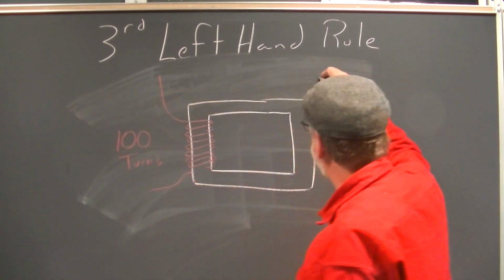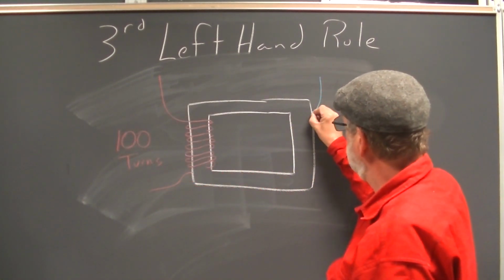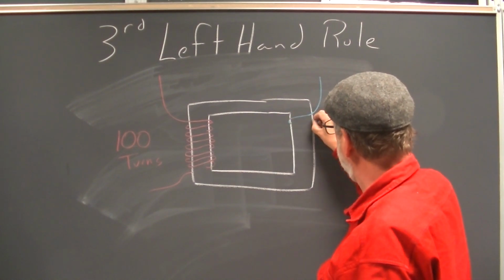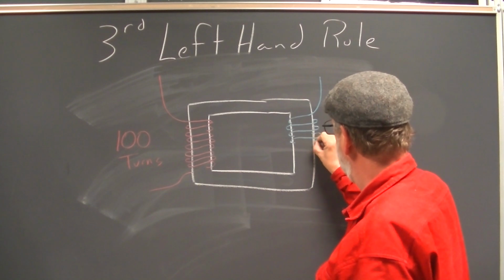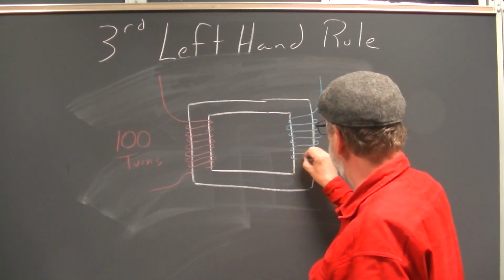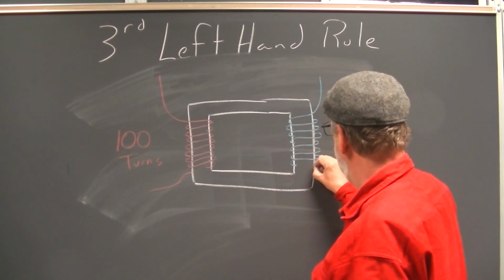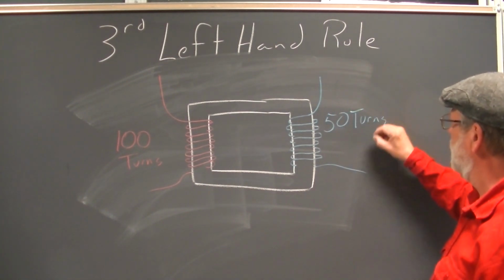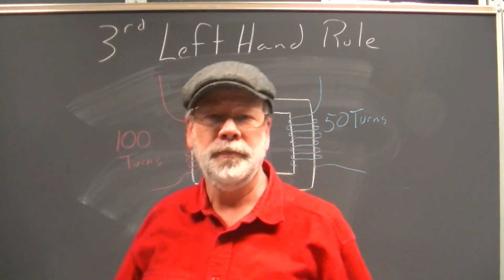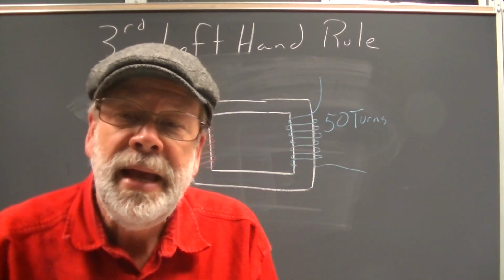And now the secondary coil wraps here. Let's say we have fewer turns on this. Let's say we have 50 turns on the secondary coil. Now here's what's going to happen.